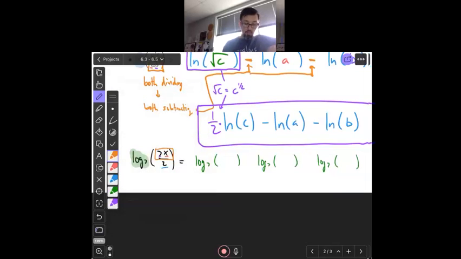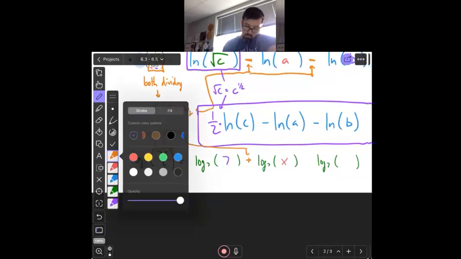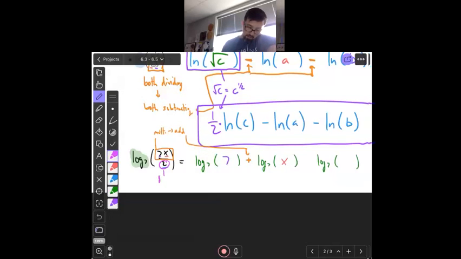Seven and the x are multiplying. That's going to be add. Okay. The 2 is dividing. Become subtract.